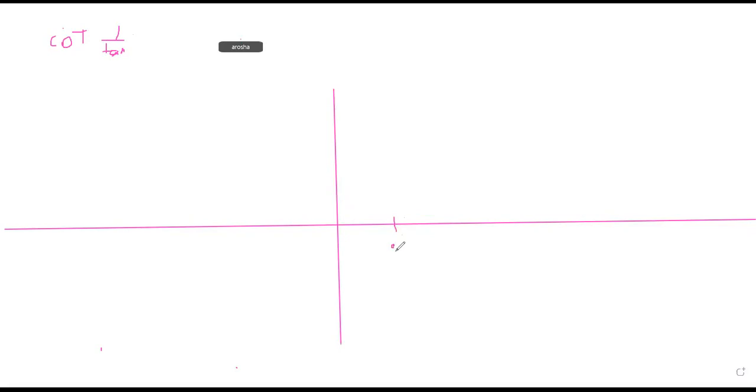So let's do it like this: 90, 180, 360. Okay, enough. So the reflection means, guys, first draw a dotted line, another dotted line, another dotted line.